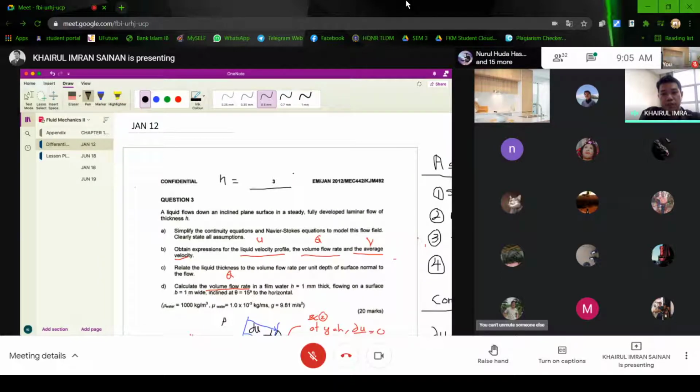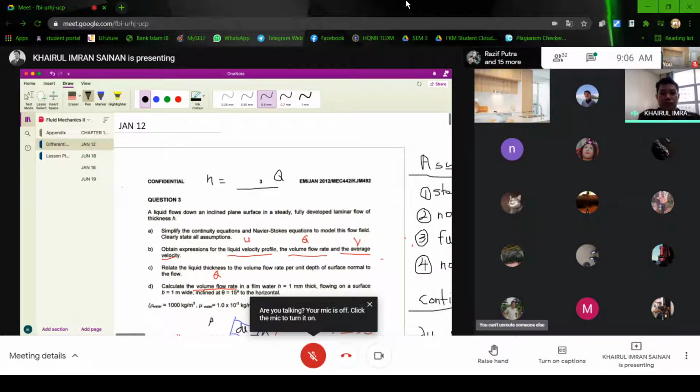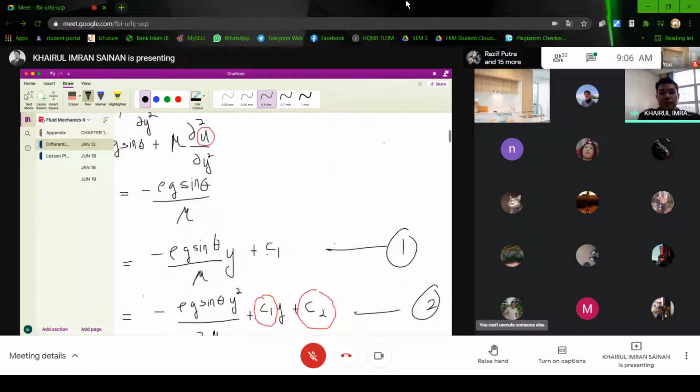H in terms of Q. Since we already found Q, we just need to rearrange the equation.